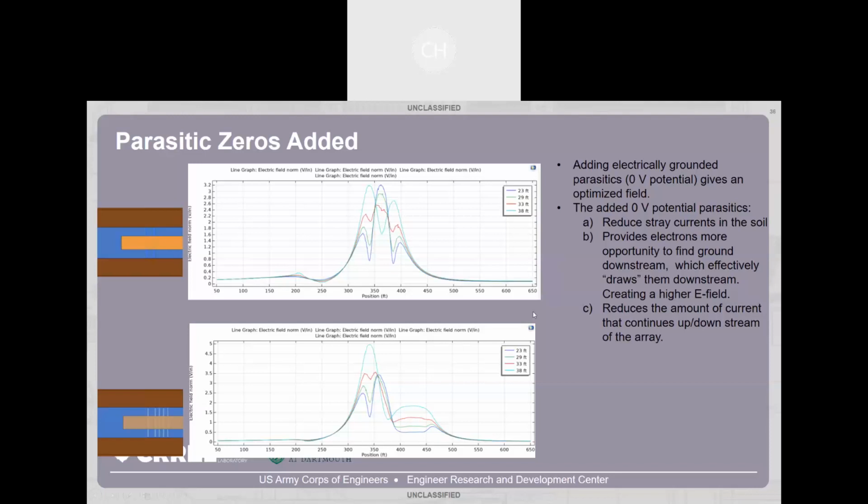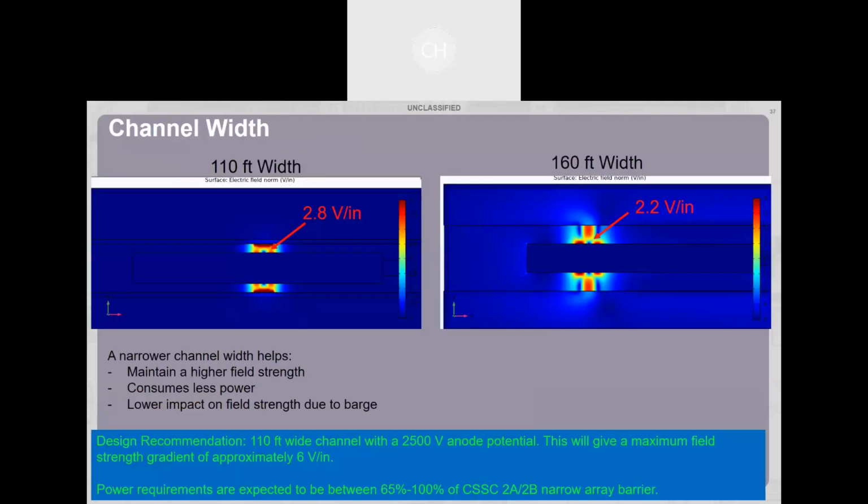So one anode with 2 to 3 or 4 0-volt grounds, with the idea being that it kind of helps with the stray currents and with providing more places for those electrons to go. Because again, they want to get to ground, and they want to take the easiest path, but they don't want to be surrounded by each other. And so what we've seen is that by doing this, we can actually kind of persuade them to go in the direction that we want.